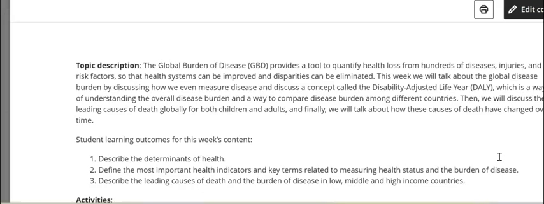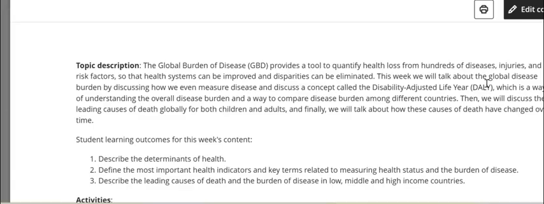So we're going to talk about the global burden of disease by discussing how do we measure disease? And we're going to discuss DALYs, which is disability adjusted life year, which is a way that we use to understand the overall disease burden.